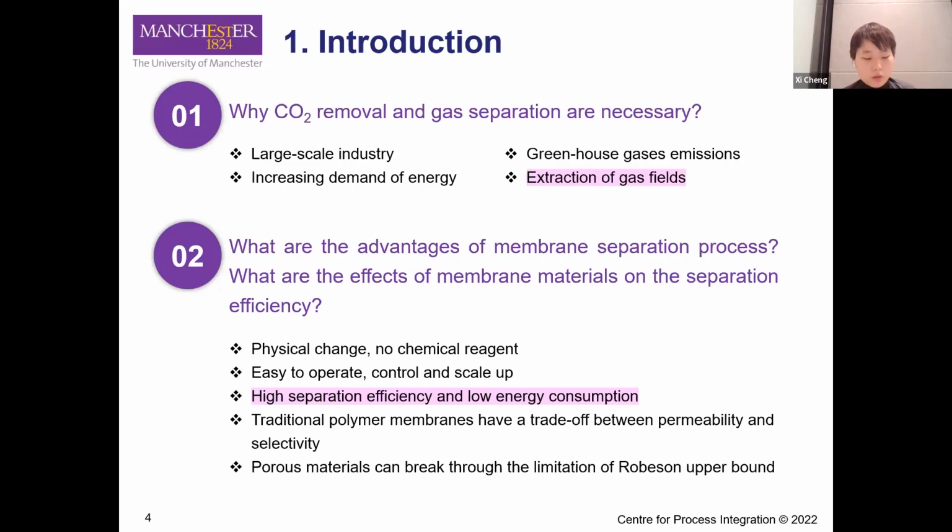According to different materials, the membrane could be separated into polymer membrane and porous materials membrane. Traditional polymer membranes have a trade-off between permeability and selectivity, but porous material membranes have adsorption and pore sieving effects, so they can break through the limitation of the trade-off.